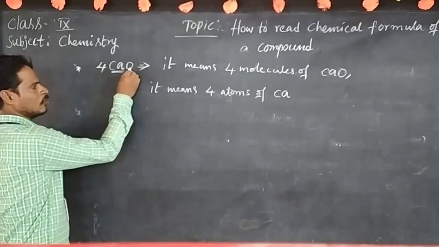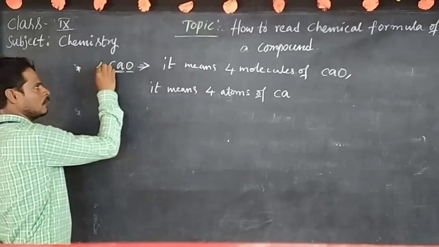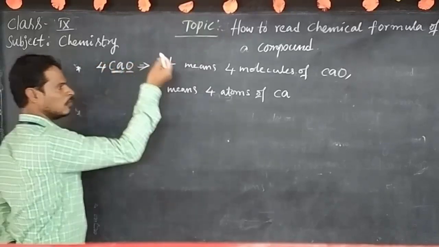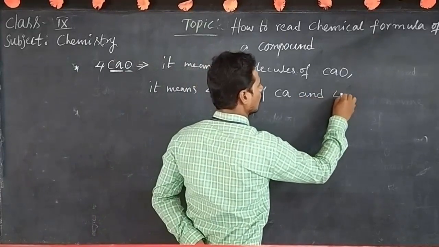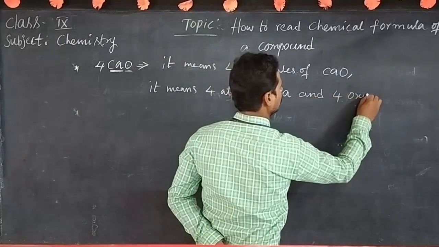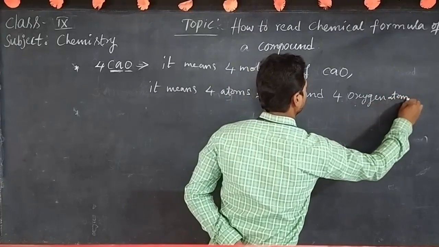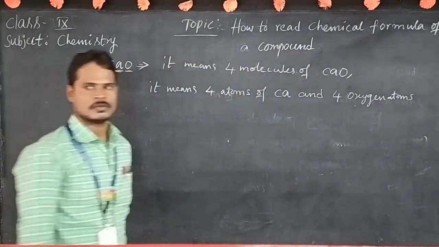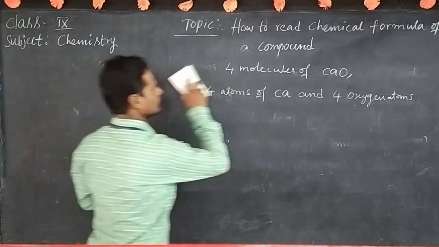Here how many oxygens are there? 1. There is no number, so in front it is 4. 4 into 1, 4 oxygen atoms. Next, the second one.